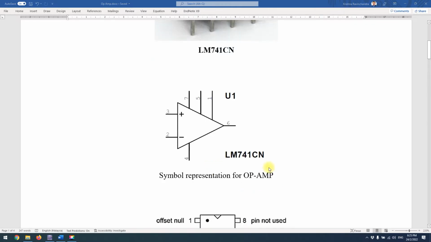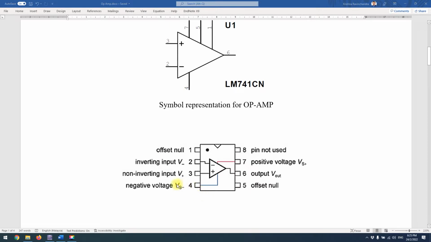Now, these are the pin configurations for the op-amp. Pins 1, 5, and 8 are not going to be used. As you can see, pin 2 is the inverting input, pin 3 is the non-inverting input, pin 4 is the negative voltage, pin 7 is the positive voltage, and pin 6 is the output.